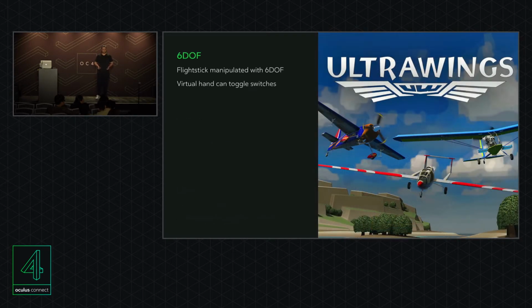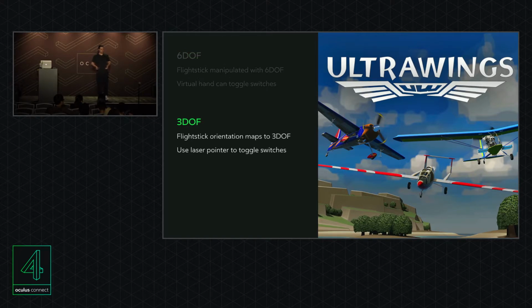Next up, we have Ultra Wings. You fly an experimental plane. And this game is super fun with the 6-DoF controller. You actually grab the flight stick with your hand and you move it around just like you would an actual flight stick. And then the virtual buttons you actually flip and push with your finger. The 3-DoF obviously has a little bit more limitations. You have to interact with virtual buttons using a laser pointer.